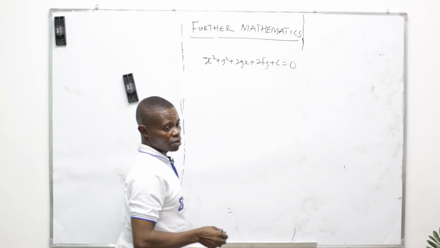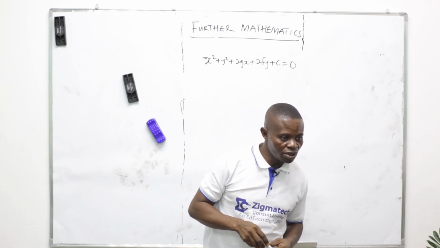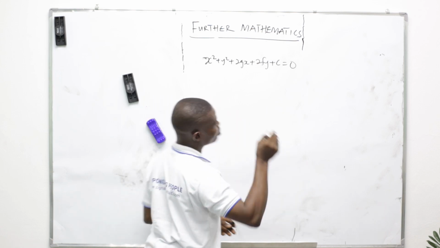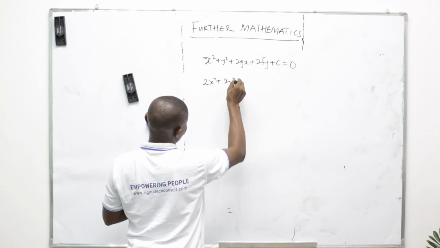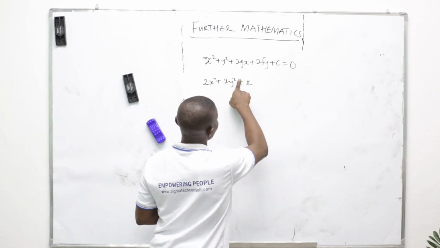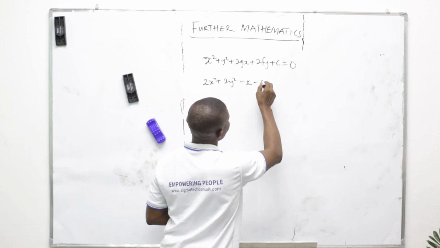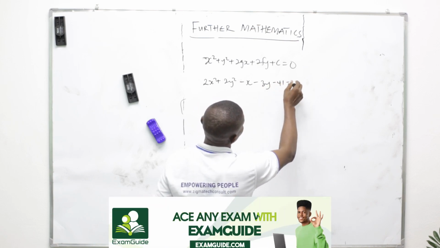equals 0. So at this point, the equation is not unity. Make the equation unity by dividing through: 2x squared plus 2y squared minus x minus 3y minus 41 equals 0.